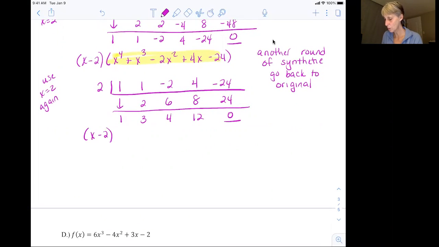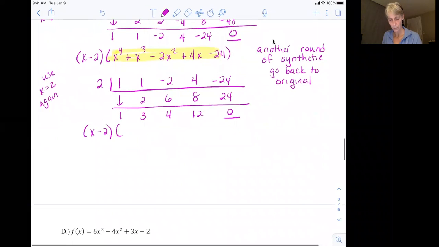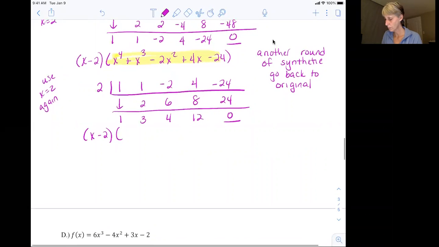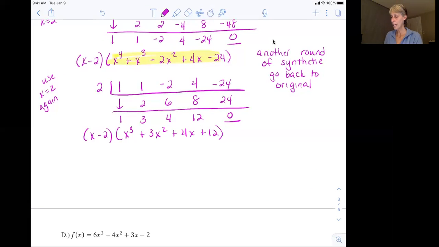I started at x cubed, divided out another factor of x minus 2. So I have x cubed plus 3x squared plus 4x plus 12. Now, remember, we have to account for this guy and this guy, x minus 2, x minus 2.